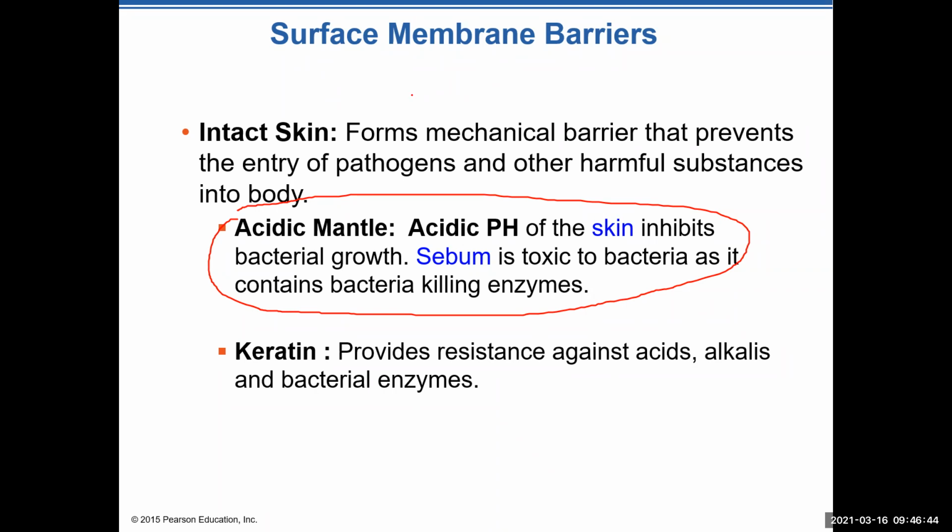No. Basically, if you remember chapter 4, your sebaceous glands produce sebum, the oil produced by the sebaceous glands.